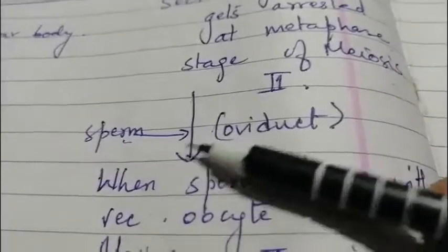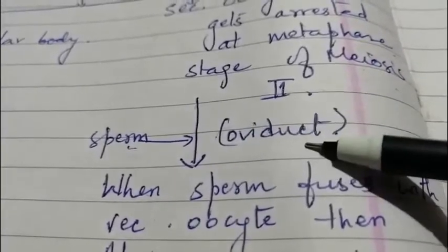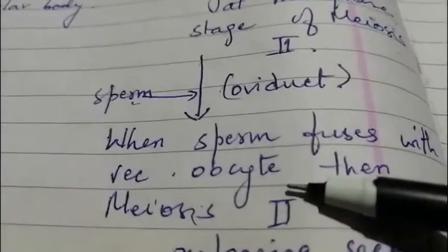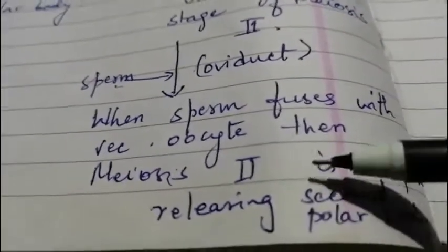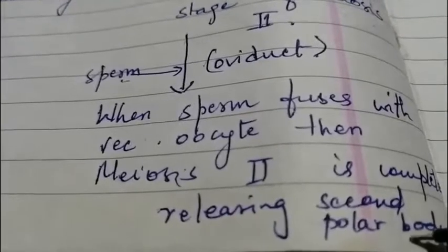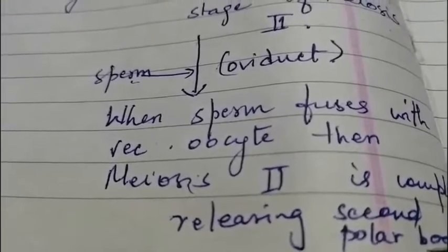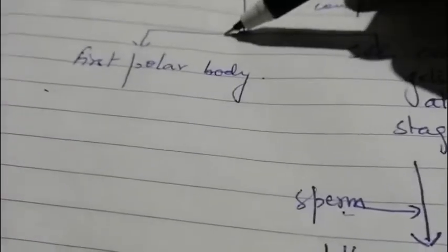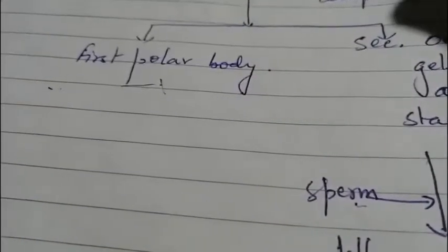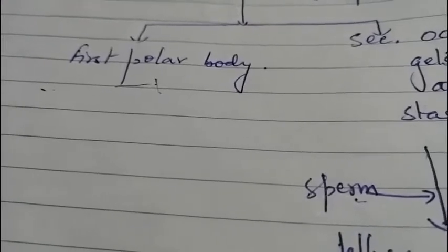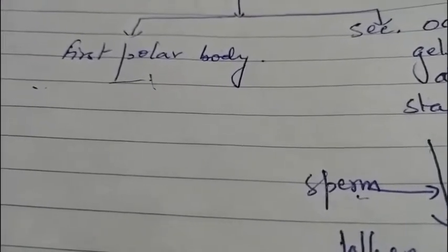When the sperm fertilizes it in the oviduct, when the sperm fuses with the secondary oocyte, then meiosis 2 is completed, releasing the second polar body. There are various views on whether this polar body will divide and give rise to two polar bodies, or it may not divide and may degenerate.